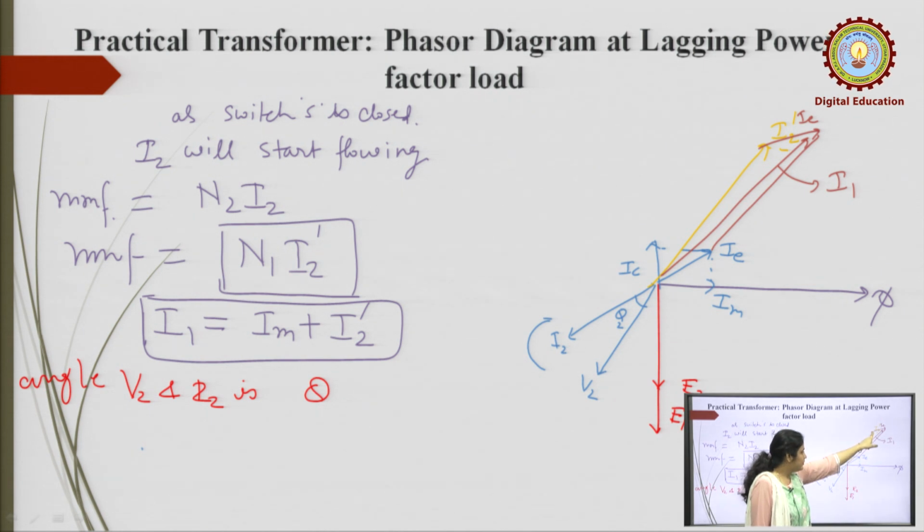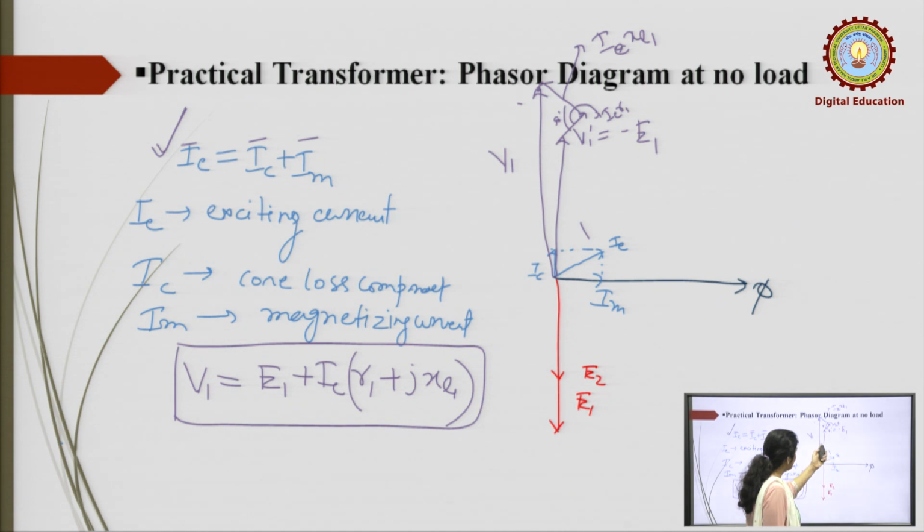So, the phasor sum of I2 dash and IE will give you the primary current I1 when the practical transformer is loaded at a lagging power factor. Okay. Now, how do you draw this V1? Same as in the case of no load.